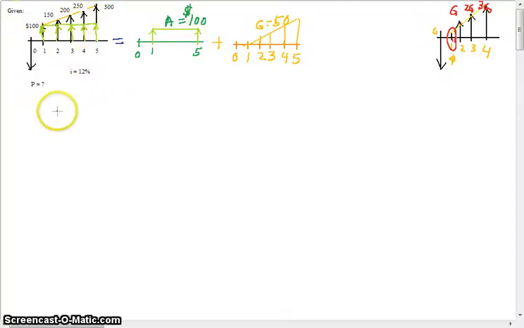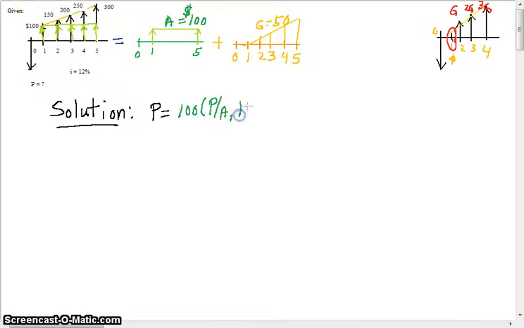P equals our green portion, and our green portion is A, which is 100. So we know it is find P given A at 12% for 5 years.